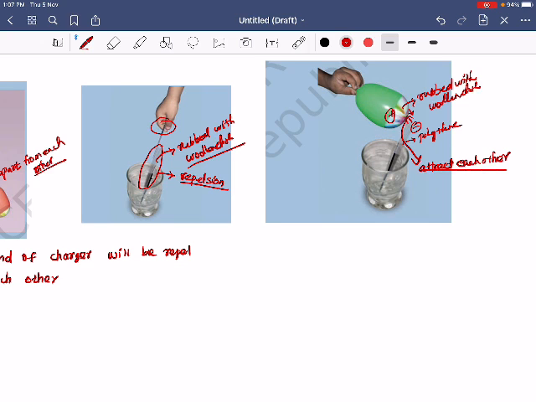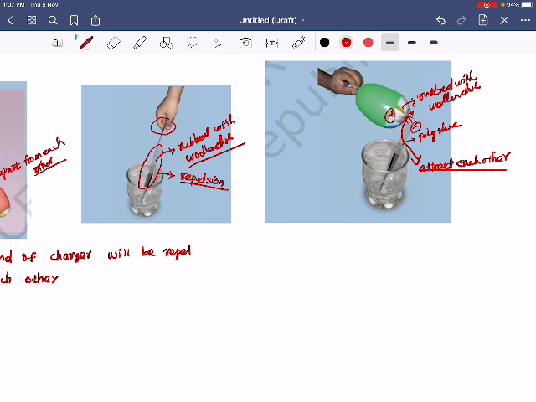When you are rubbing, giving friction, the statically charged, stable atoms will try to move.